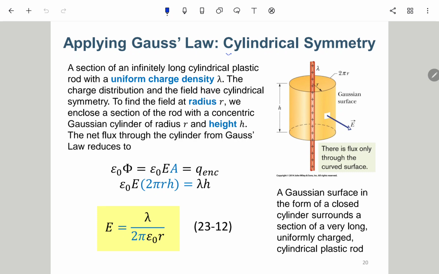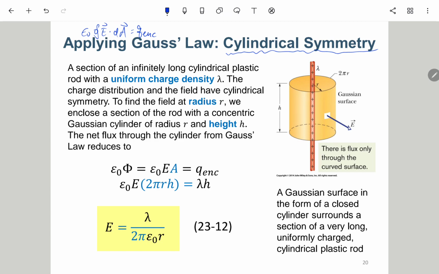cylindrical symmetry. Okay, so actually when we try to apply the Gauss law, we really need to have some sort of symmetry, because originally the Gauss law is like integration of E dot dA times epsilon naught equals Q enclosed. Okay, so usually we will be able to know what Q enclosed is, and to see how the E field is generated.